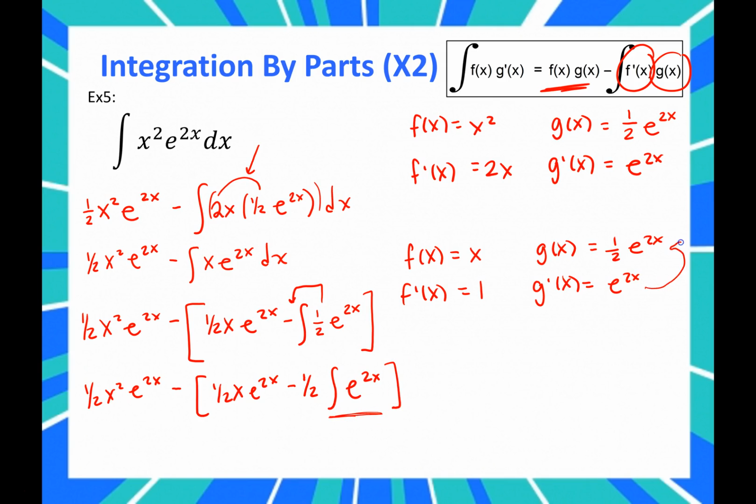The integral of e to the 2x is exactly what I have down below. So the integral of e to the 2x is going to be 1/2 e to the 2x. Now don't forget to bring down your minus 1/2 here. And then I'm just going to recopy everything.